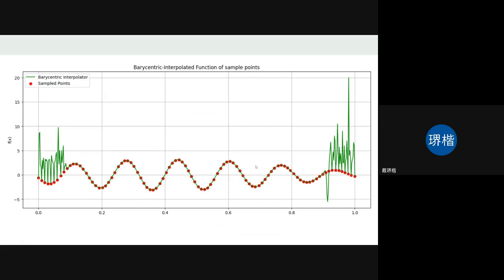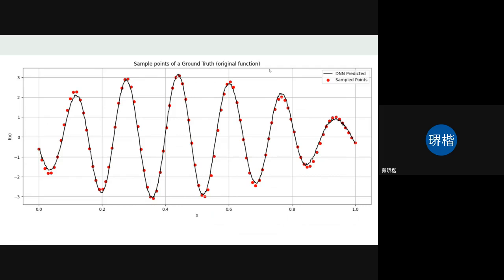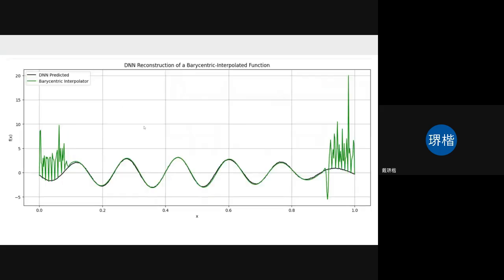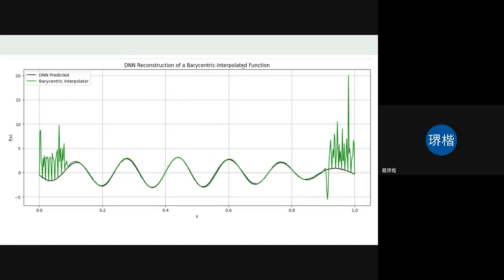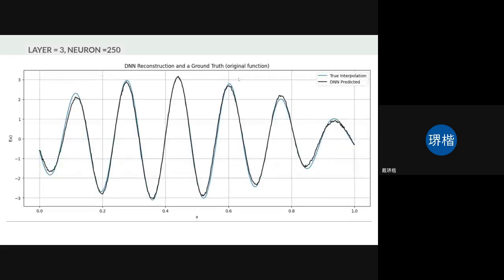Then this is the DNN prediction with the sample points. The network has 3 layers and the number of neurons is 250. This is the DNN prediction versus the barycentric interpolate function.